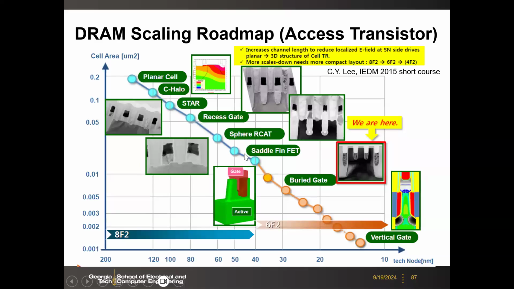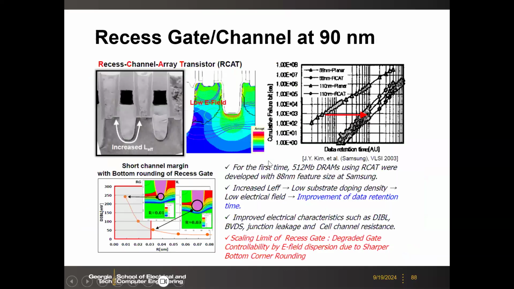And then at 45 nanometer, this saddle FinFET was proposed and used. So still we want to control the short channel effect, so we want to have FinFET. But this saddle FinFET is a combination of the recessed gate and the FinFET.